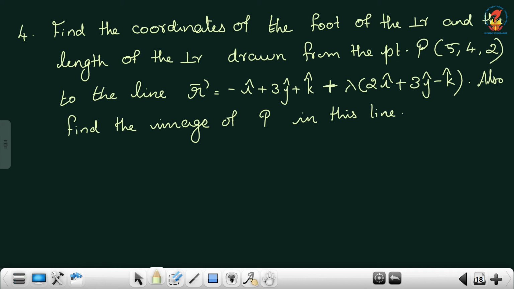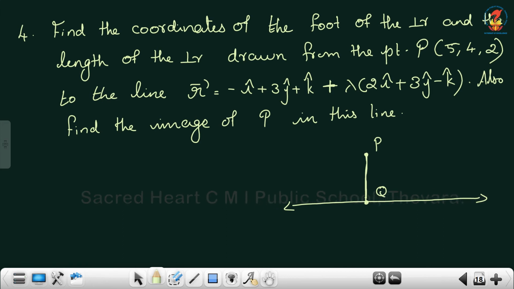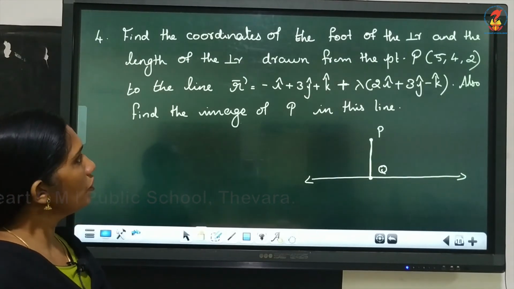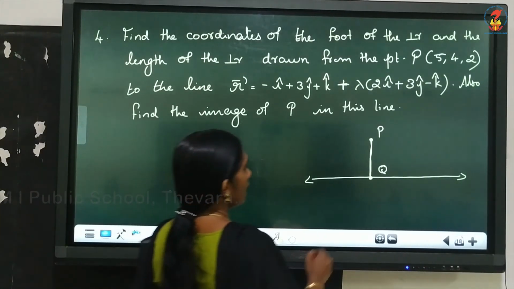So point P, from P draw one perpendicular to the line. Line is given. So let Q be the foot of the perpendicular. So we have to find the coordinates of the foot of the perpendicular, and the length of the perpendicular, that means PQ, we have to find.